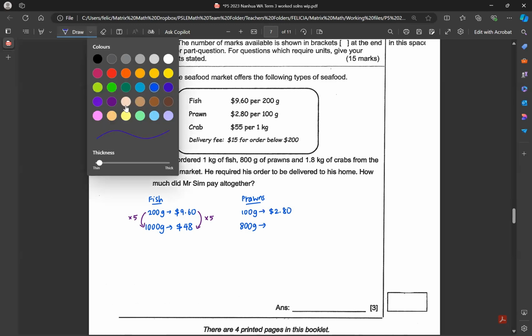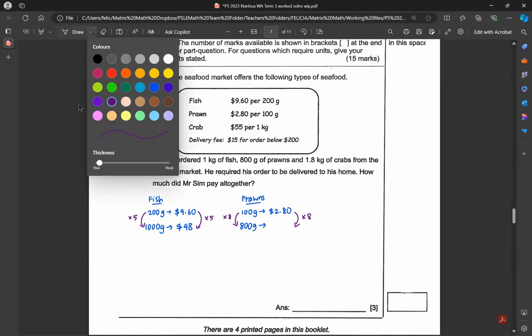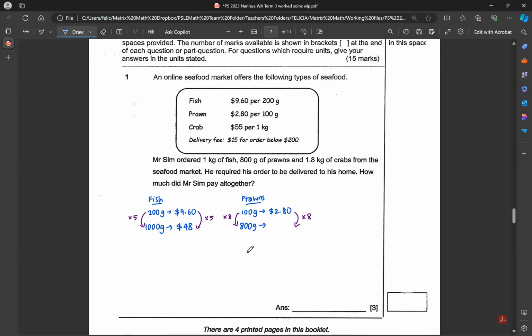So this is times 8. You do the same for the price. This one also times 8. Okay, so 2.80 times 8 is actually $22.40.